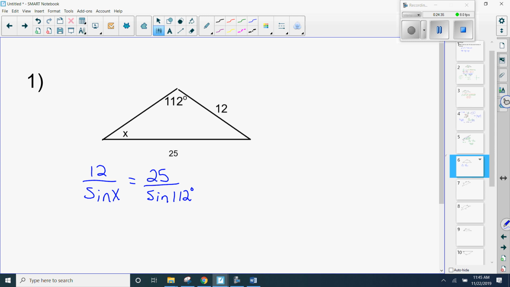I showed you 3 different ways to type that in on your calculator. How am I going to solve that? Yes, 0.45. It does multiply much better.